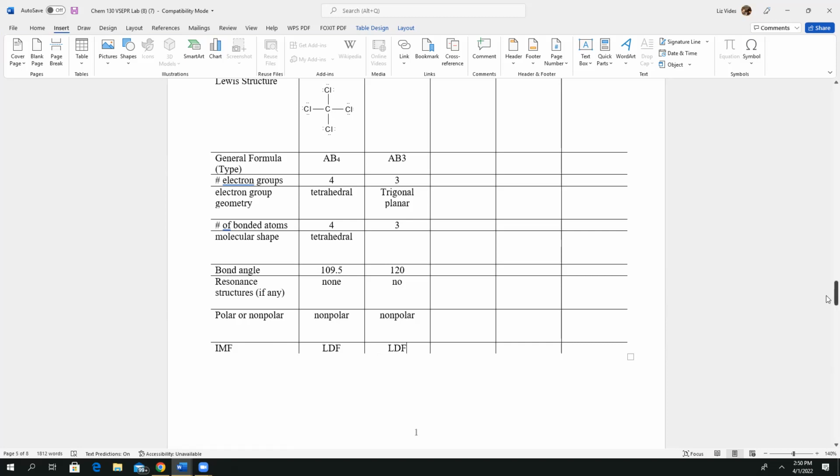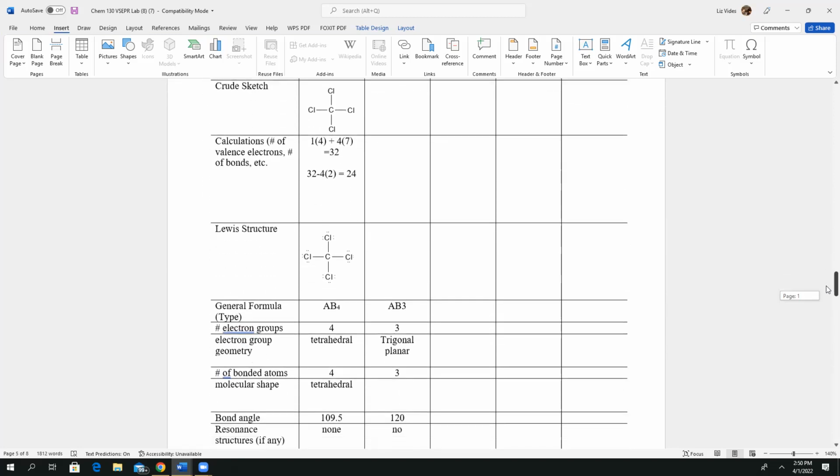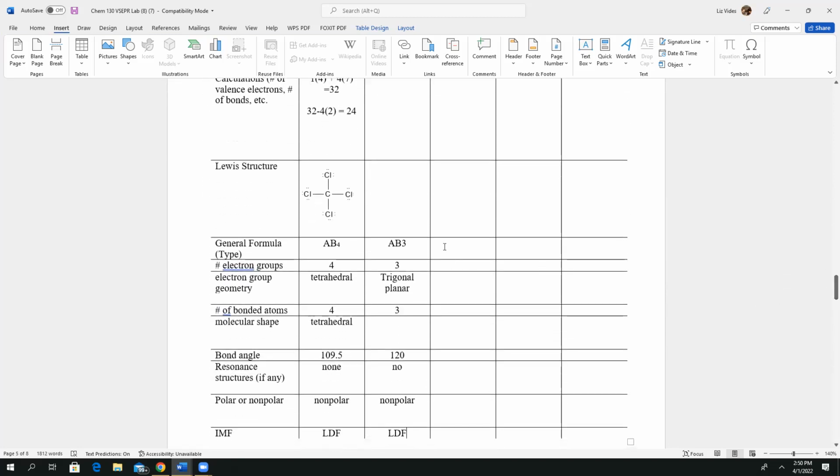So since it's not, we are going to keep going for the next one, SO3. Okay, SO3, if I'm not mistaken, let me see. What is SO3? I think I've got all of these answers already in my stuff.